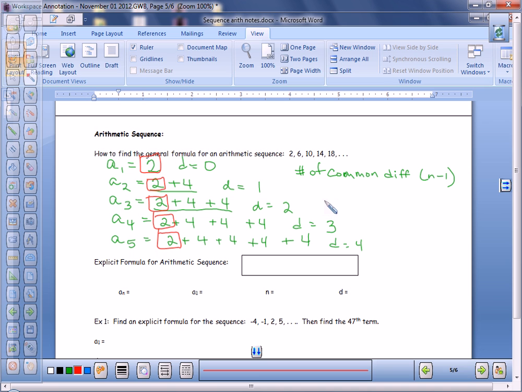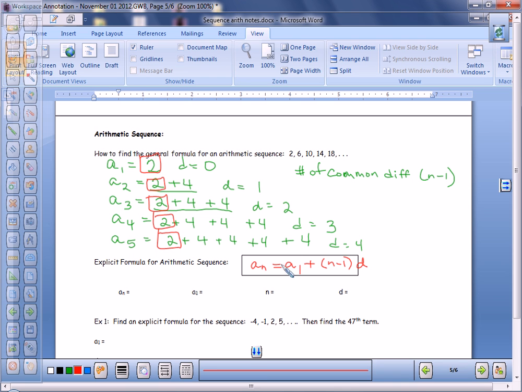Okay, so to find any one of these, I take a sub 1 and add to it n minus 1 times the common difference. That's the one that we did last year. To find any term, you take the first term and add n minus 1 common differences to it.